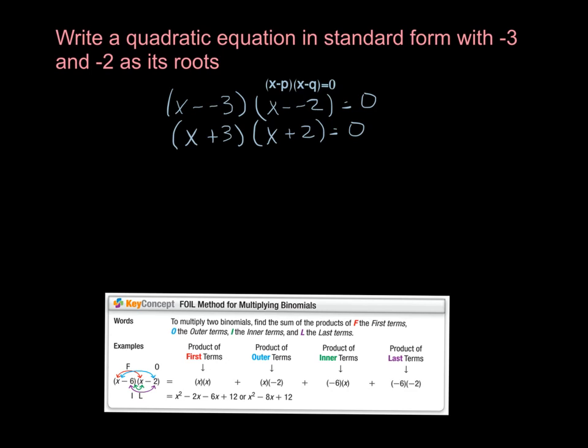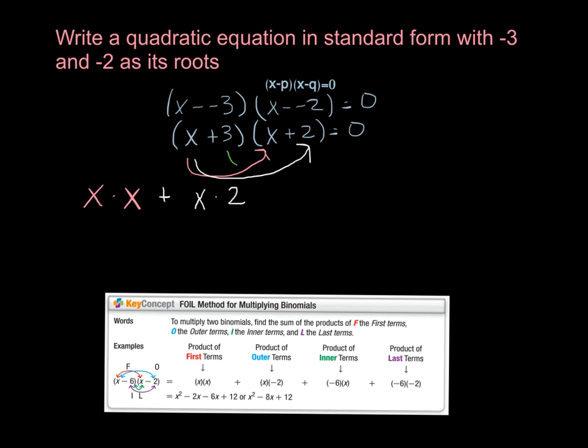Okay, so we're going to do the first term. The first of each is x times x. Then we have plus outer, so the outer parts of our side. So we've got x times 2, and then we have inner, the inner terms.